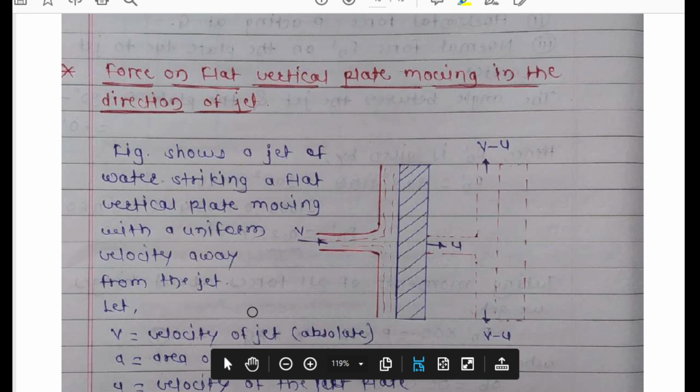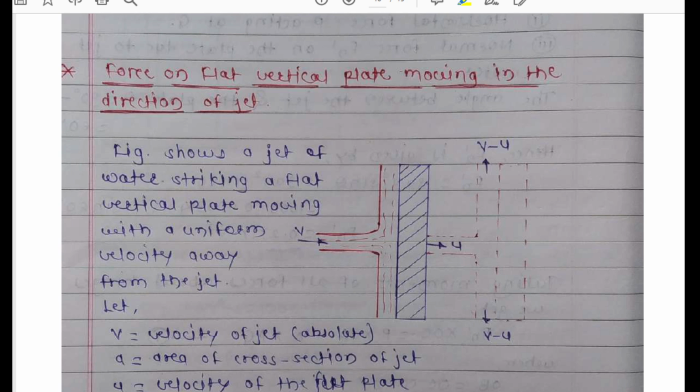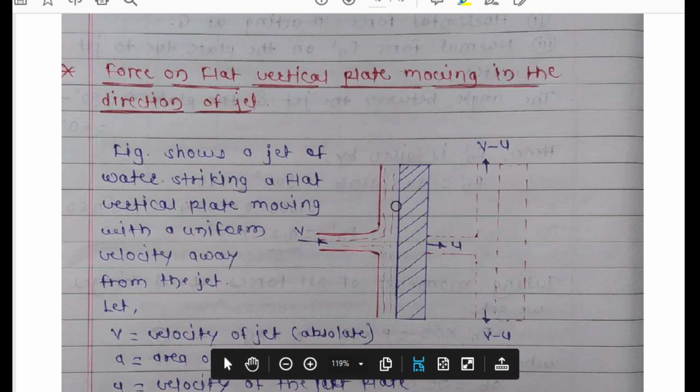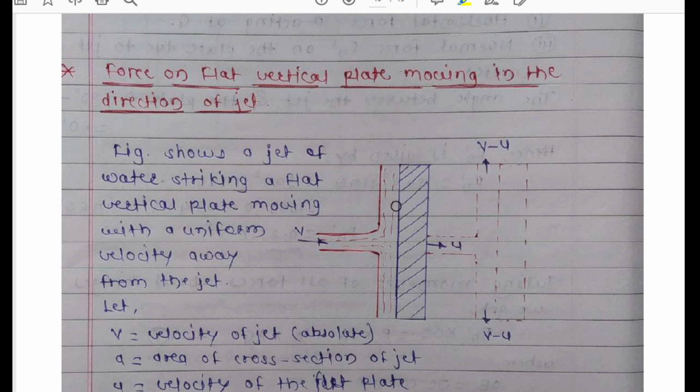Now moving towards the moving plate. Firstly, in previous ones we have studied stationary plates. Now in this video we have studied hinged plates. Now this one is the moving one.